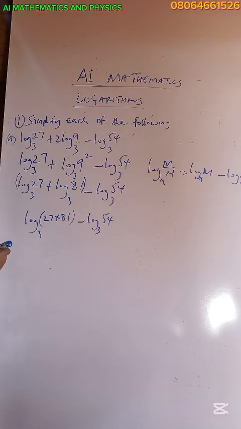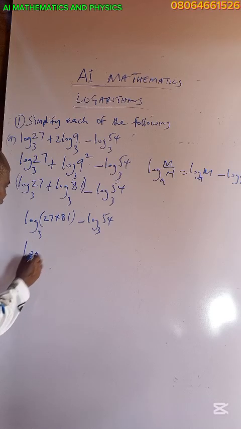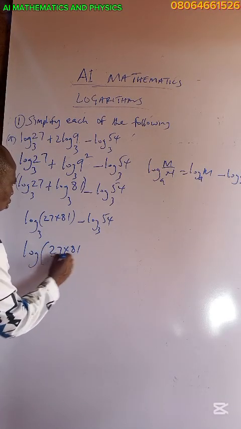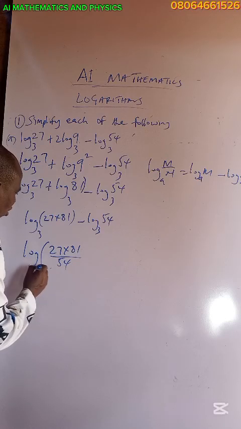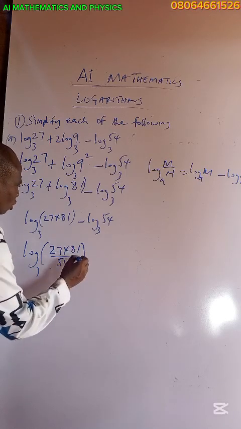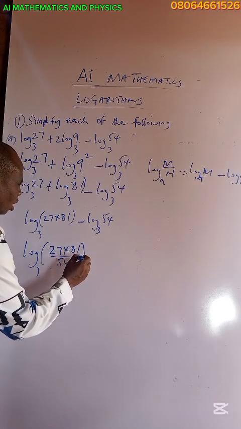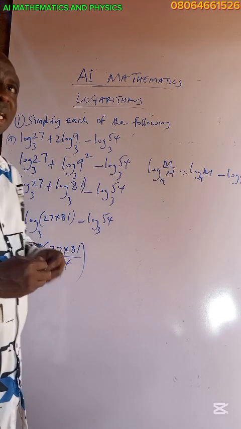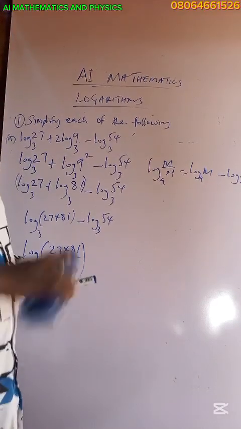So this one is 27 times 81 over 54 base 3, equal to what? Now, you are permitted to use a calculator.